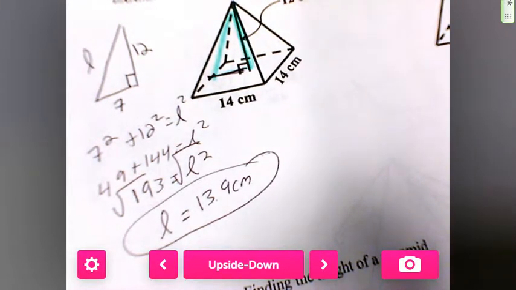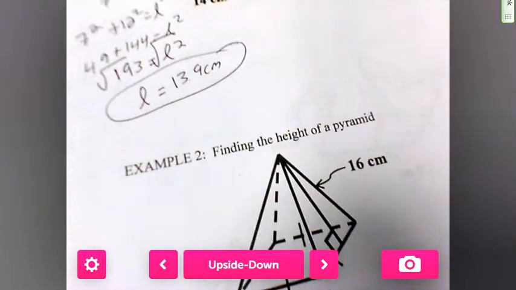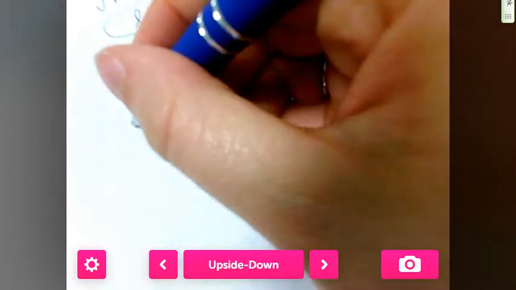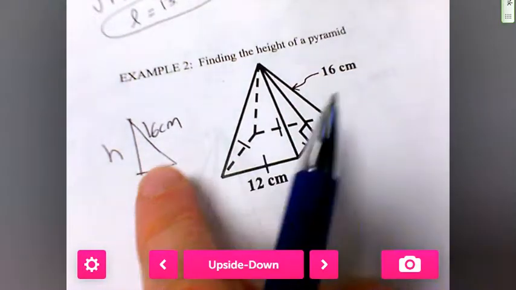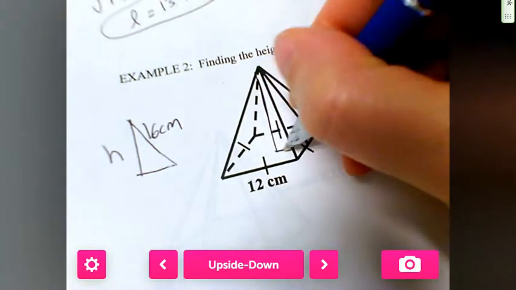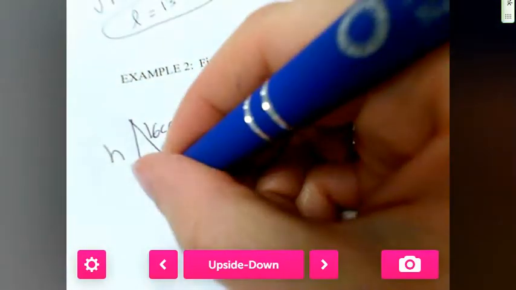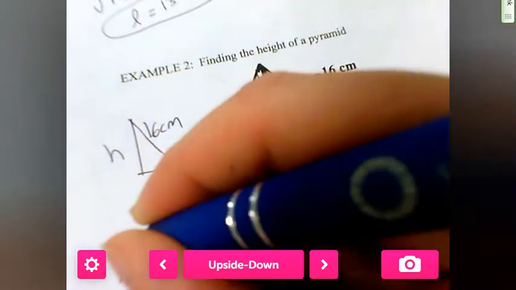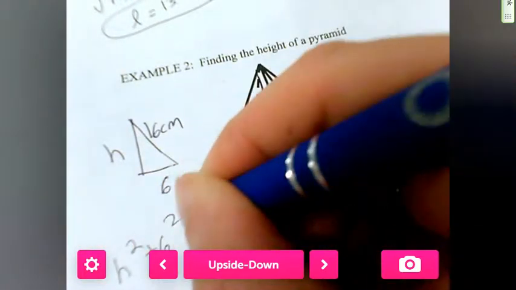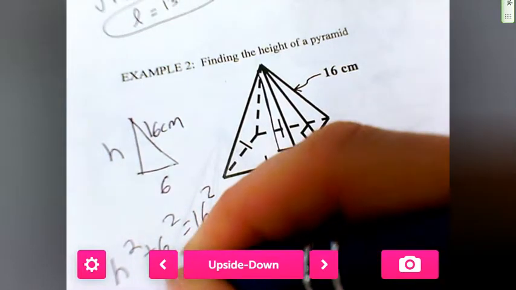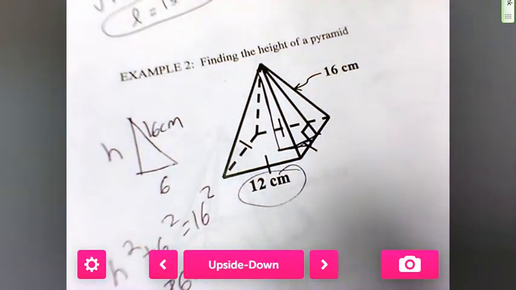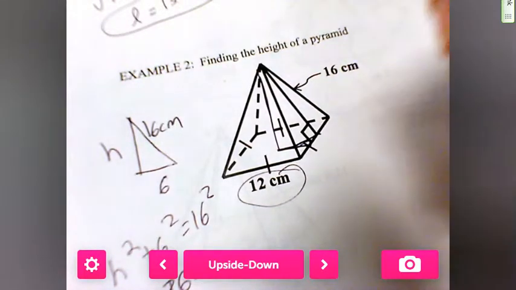Okay, let's go down to example number 2. I'm given that my slant height is 16 centimeters. I'm looking for my height. What's going to be the bottom of this triangle? Because if I draw in this triangle, it looks like this. 6. Good. It's half of this. So that's height squared plus 6 squared equals 16 squared. So that's height squared plus 36 equals, what's 16 squared? 256?